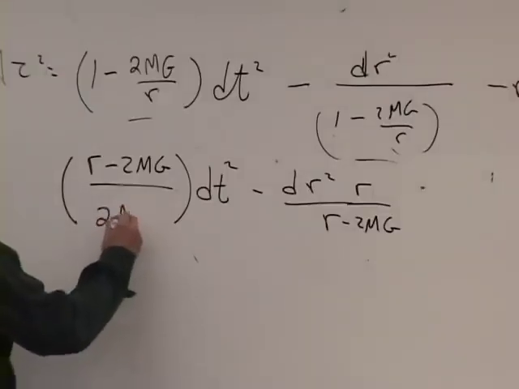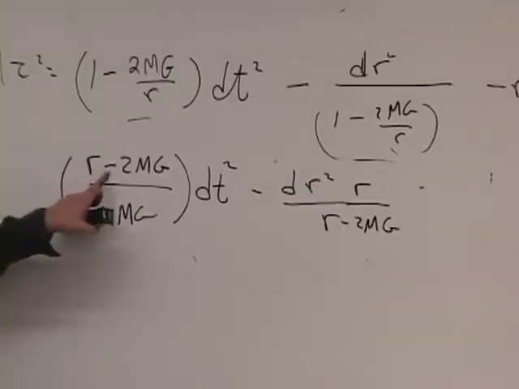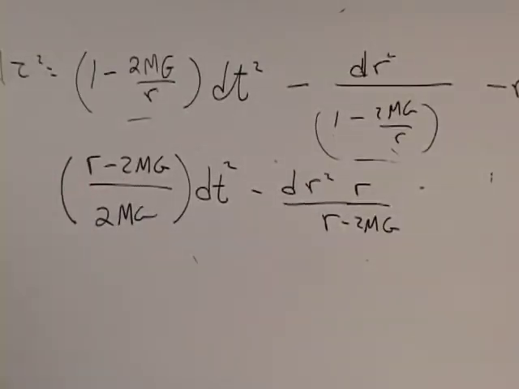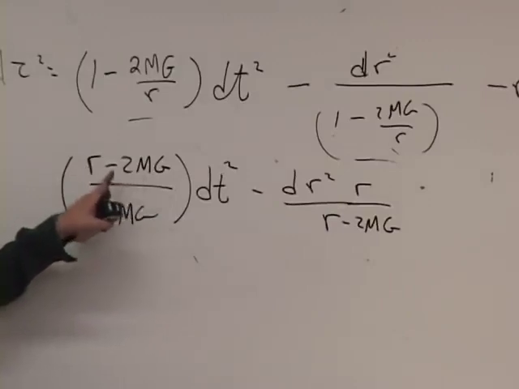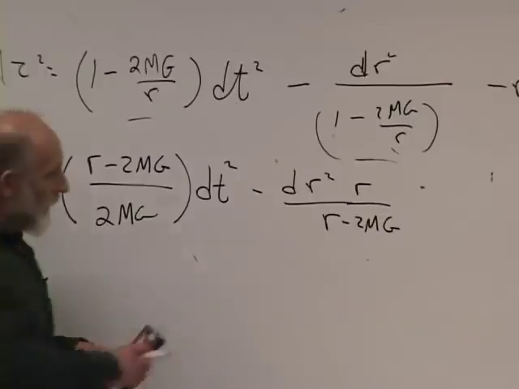That's a good approximation. I don't want to do it in the numerator, because although r doesn't change very much, percentage-wise r minus 2mg does change a lot when I go near the horizon. It can actually change sign. So I don't want to muddle with this, but in the denominator, not much happens when I change r a little bit near the horizon.